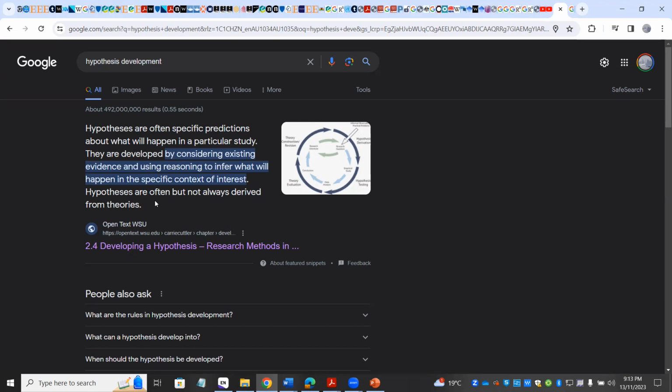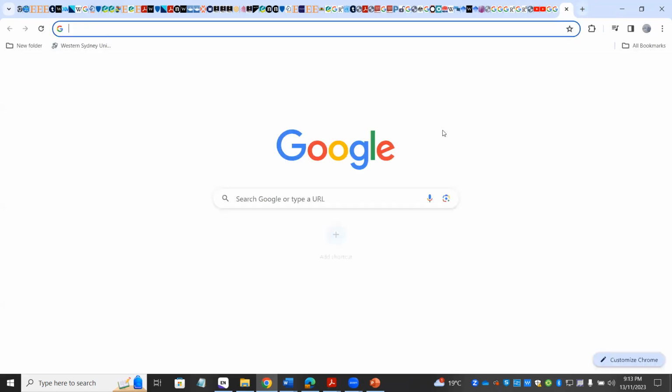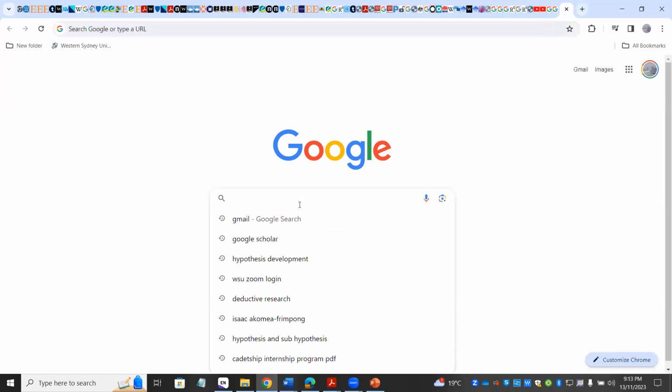So what are theories? Theories are established models, established assumptions, established schools of thought that a large number of people in the scientific community have agreed to use.